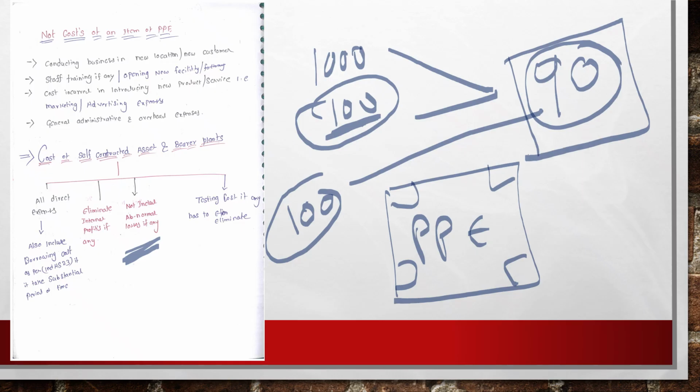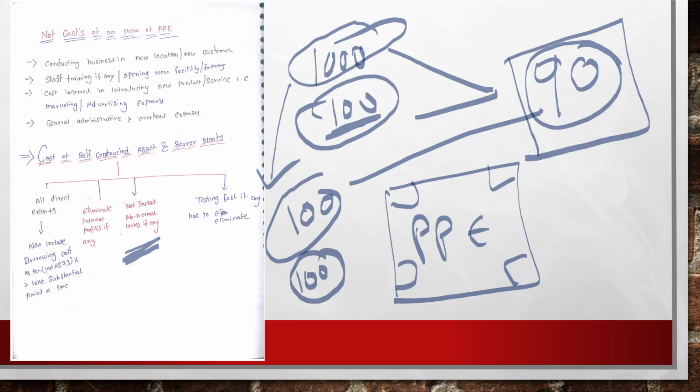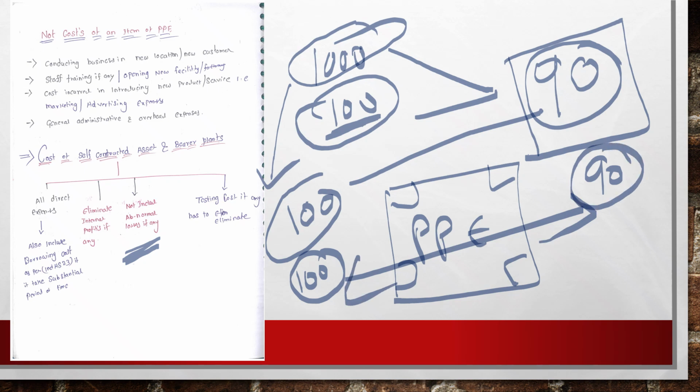The abnormal loss: for a budget of 1000, you could have produced 100 assembling fittings, but here you have produced only 90. You should take cost for 90 only, because this abnormal loss of 10 units should be eliminated from your PPE.